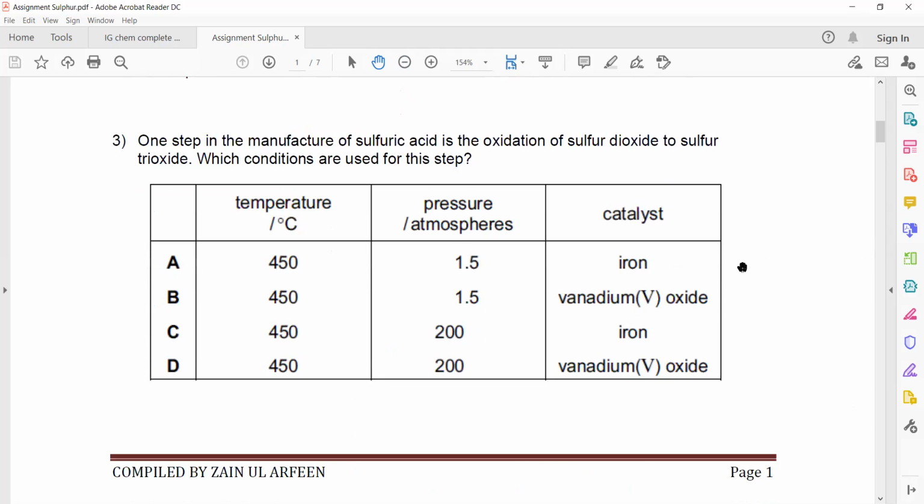Question 3. I want participation from everyone.